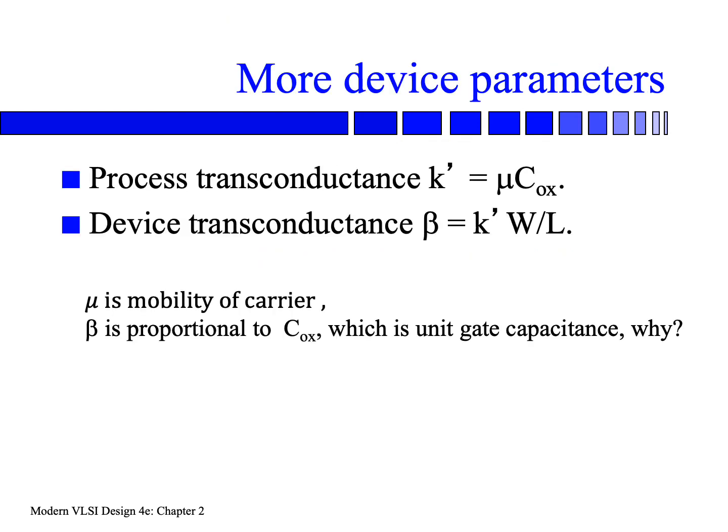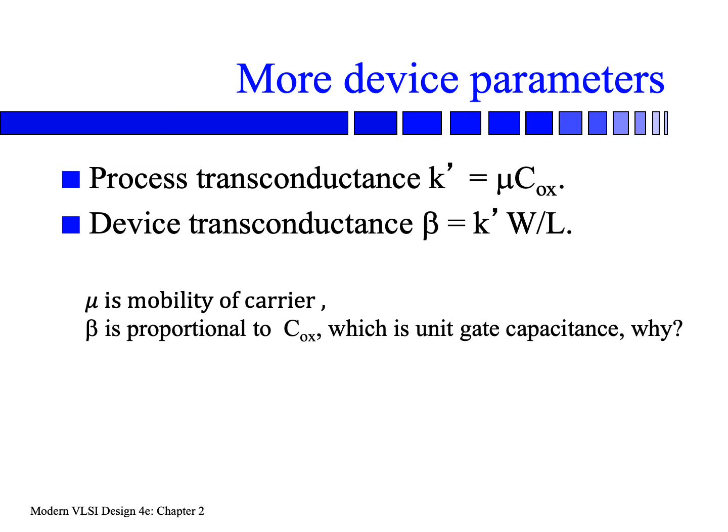Now let's go back to the device parameters we talked about before, K prime. It turns out that K prime equals mu times COX. Mu is the mobility of carriers, and COX is the MOS capacitance we discussed. So higher MOS capacitance means higher K prime. This K prime is sometimes called the process transconductance.